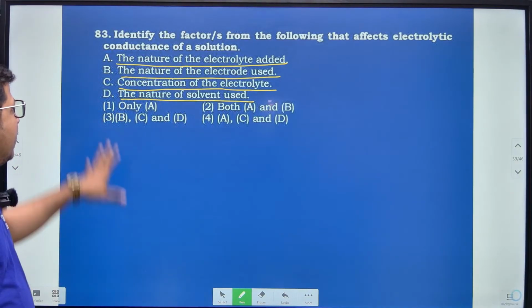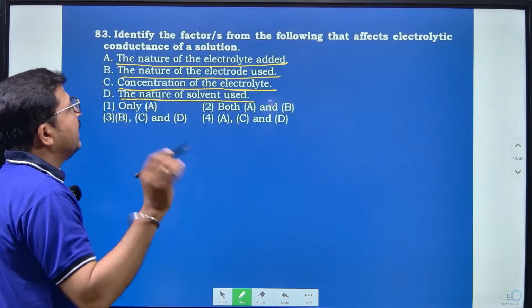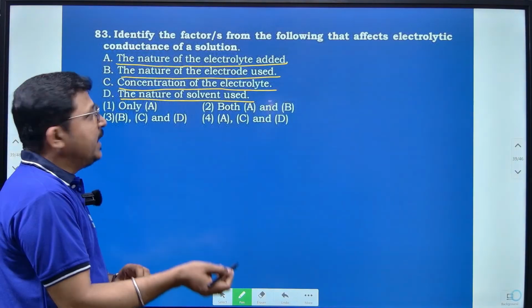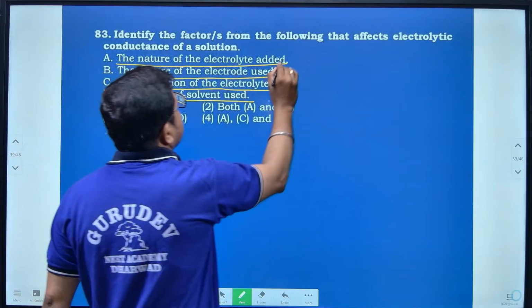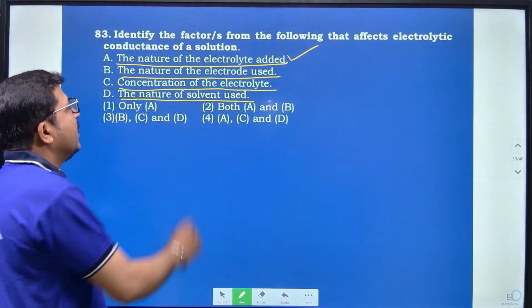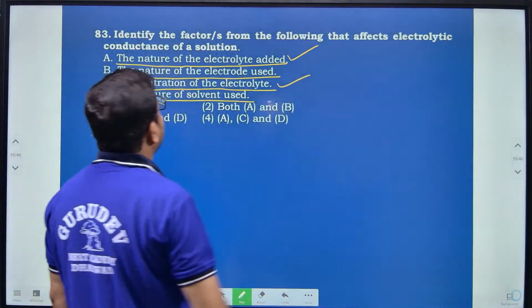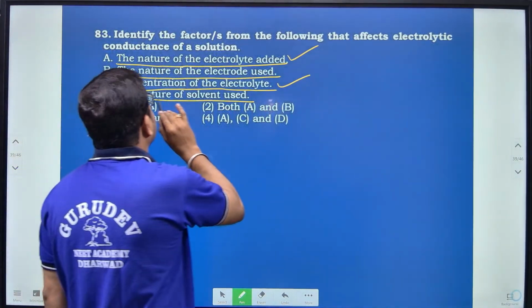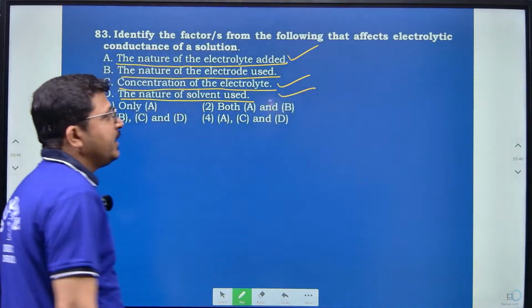See here, the electrolytic conductance depends on the nature of the electrolyte added, the concentration of the electrolyte, and the nature of the solvent used.